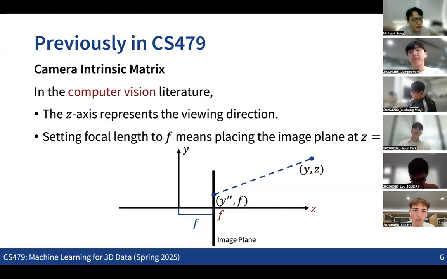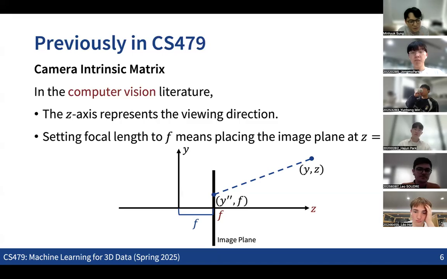But in the pinhole camera system, while we put the image plane in the region where Z becomes positive, we also need to flip the image, because the projection makes the image upside down, which means that we need to have the flipping at the end. Then it becomes identical to put the image plane not in the positive region, but in the negative region, right? So that was what we have seen last time.